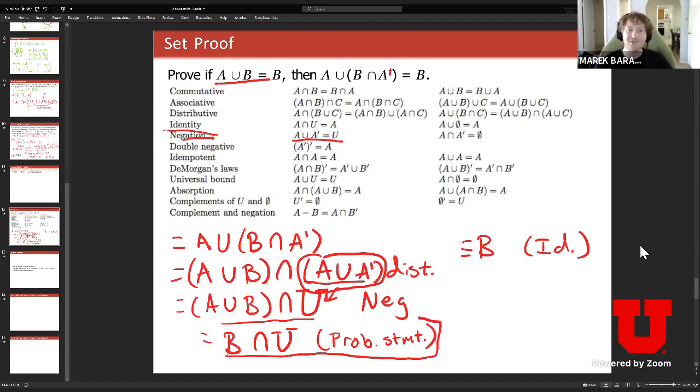We're just using that the problem told us that A union B equals B. Mohammed asks, how many questions will there be? Right now there's 6. I'm probably going to keep it there. It's either going to be 5 or 6, probably.